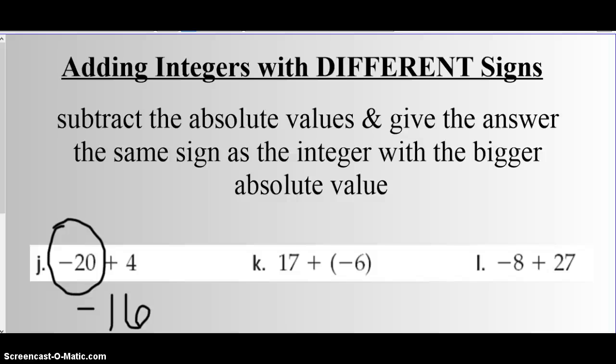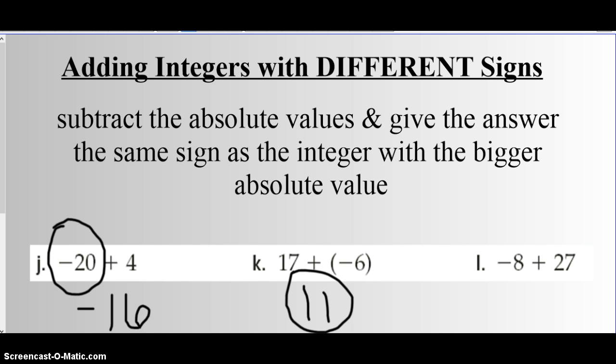If you have 17 positives and 6 negatives, you're actually doing a subtraction of those two, and you would have 11 positives left over. If this was on a number line, you would start at 17, and because you're adding a negative number, you would be moving 6 places to the left, and so you would end up at 11.